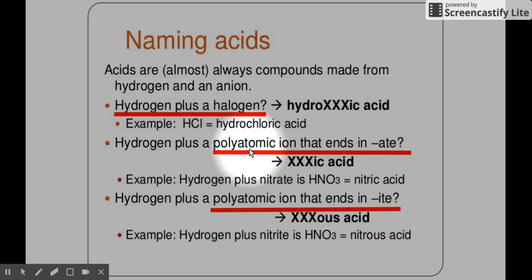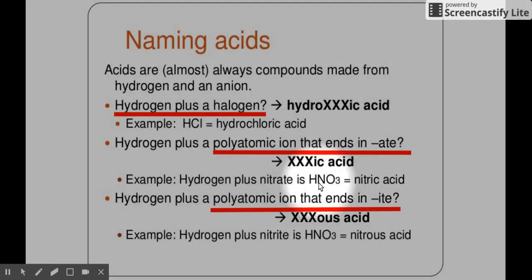There are two different kinds of polyatomic ion that can be bonded to hydrogen. It can be a polyatomic ion that ends in ATE, like nitrate, phosphate, sulfate, carbonate. If it ends in ATE, it belongs to the category of an ic ending for the naming.